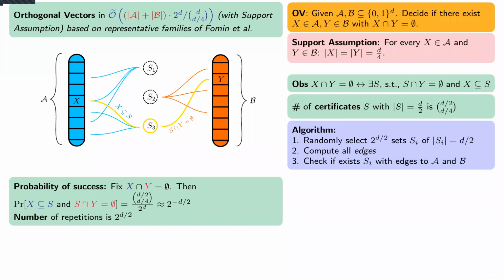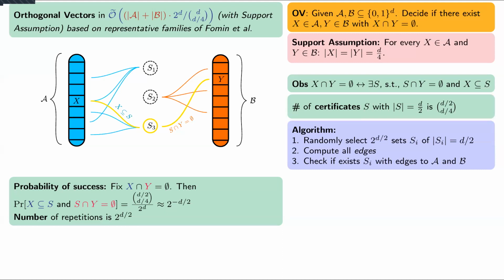I will bound the probability of success now. So assume that the answer is yes, then there are some X and Y that are disjoint, and the probability that a random set S is a good witness for them is the number of good witnesses over all the sets that you can select, and this is roughly 2 to the minus d over 2.